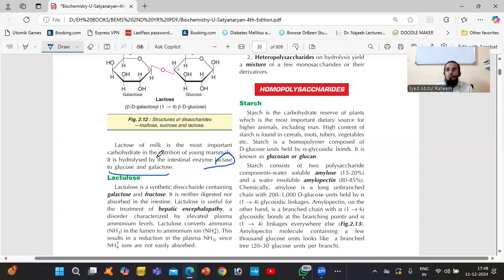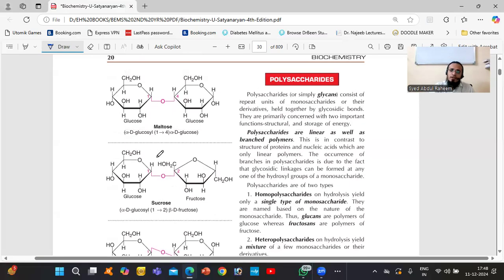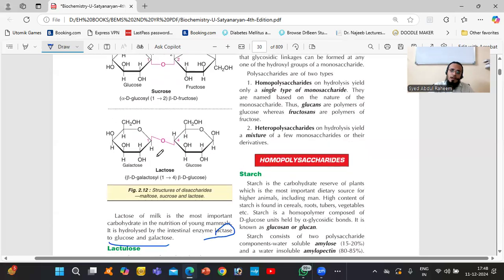Digestion means to break down larger molecules into smaller molecules and make them absorbed by the small intestine and utilized by our body. So lactase will divide lactose into glucose and galactose. Further, division also happens.